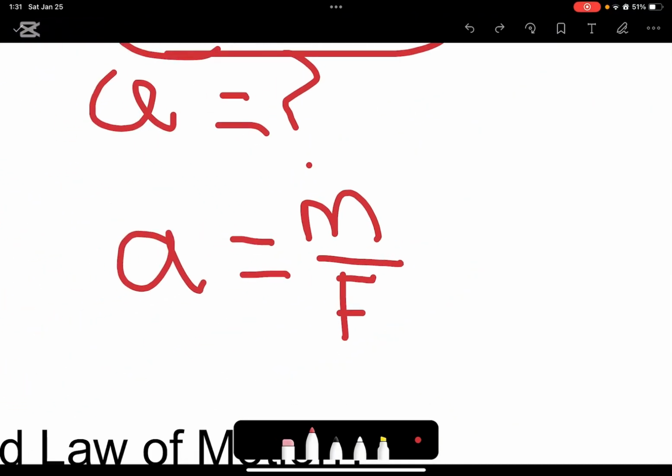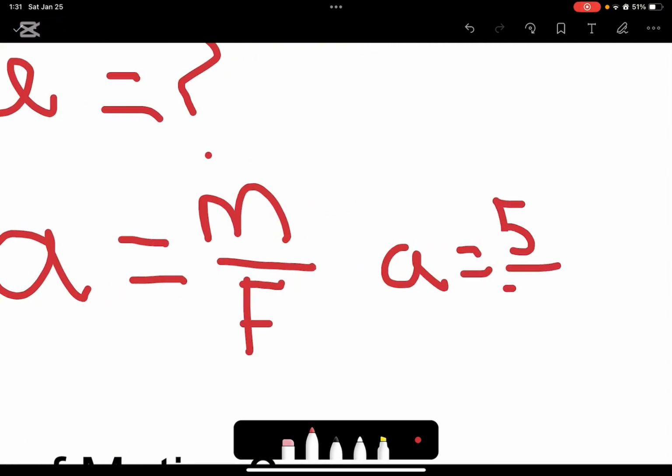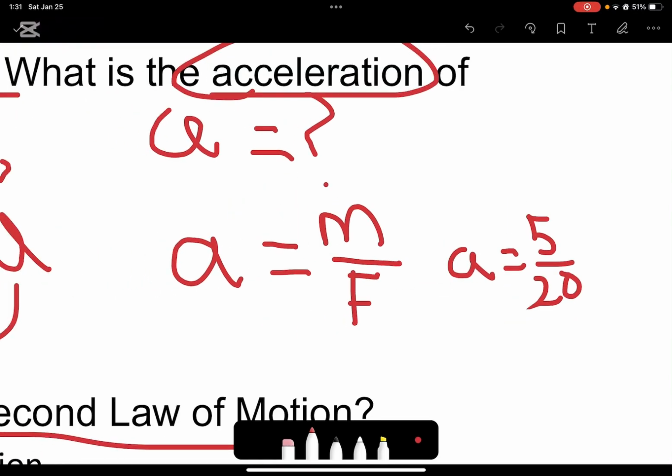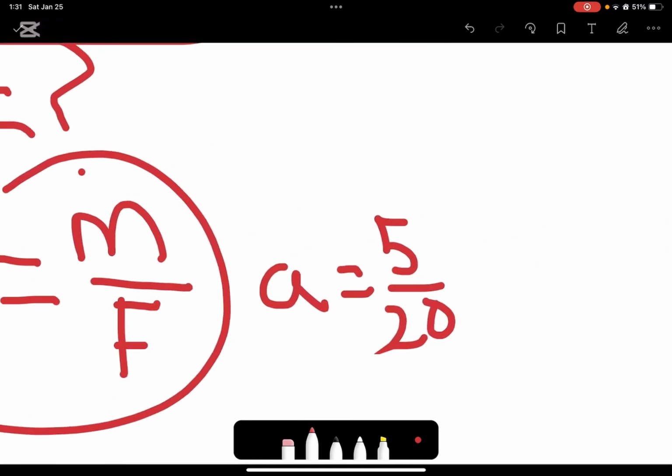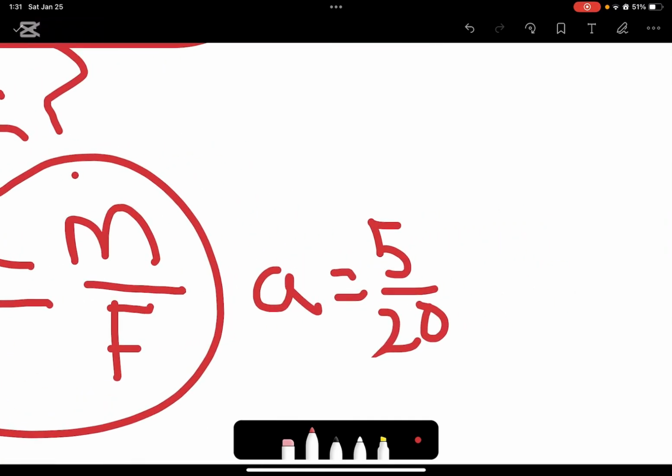Acceleration equals 20 over 5. That's it. And you can do this in your head or in the calculator. It's okay. 20 divided by 5 is obviously 4.